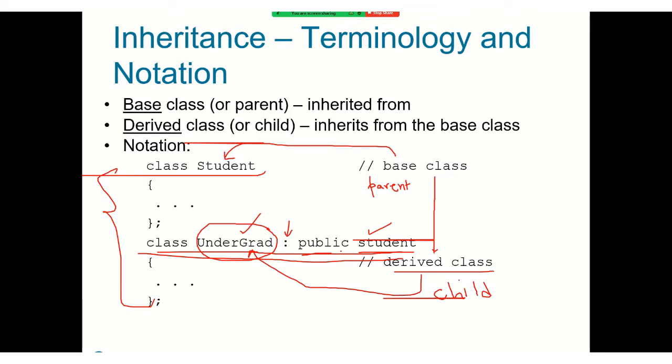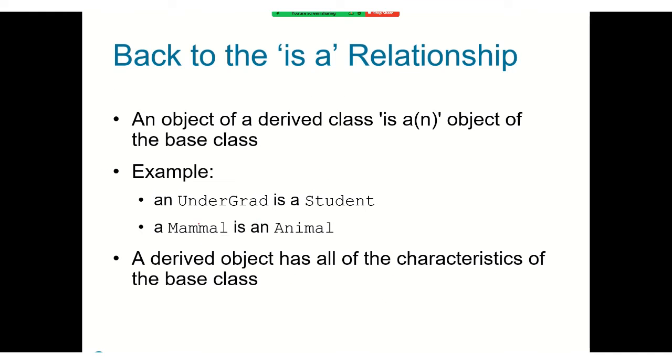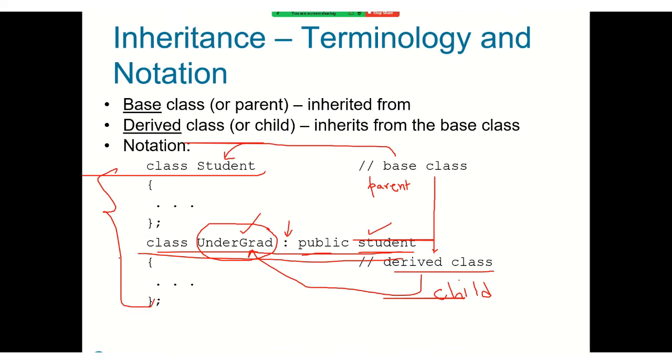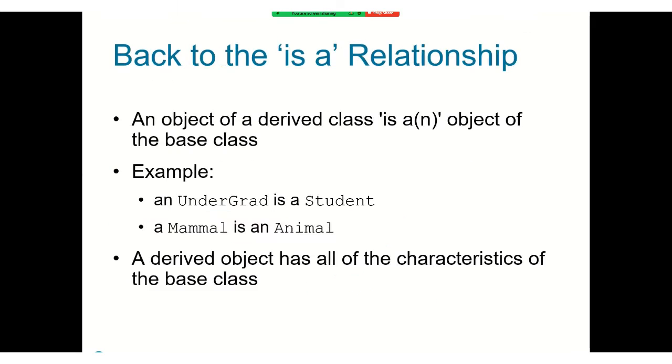I mean, derived from the student. So basically there is a relationship. That is important. You define it technically in this way. It means undergrad is a student, or undergrad is derived from the student. So undergrad is the child class of the base class, which is the student class.